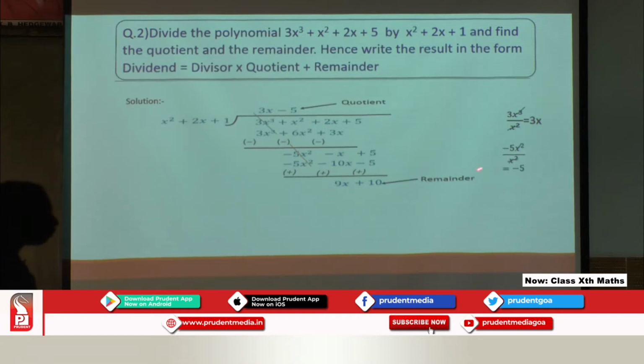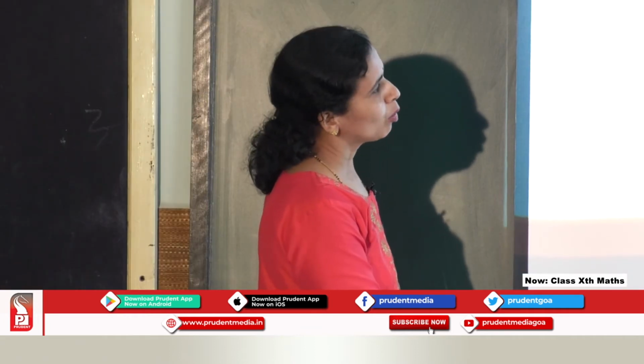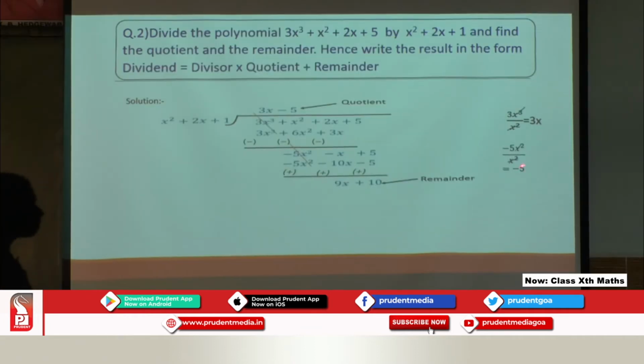Now x square and x square cancel. Now we got the answer minus 5. See, minus 5 is the second term of the quotient. Now we should multiply the second term of the quotient, that is minus 5, into the entire divisor.